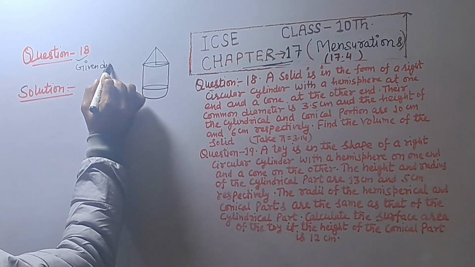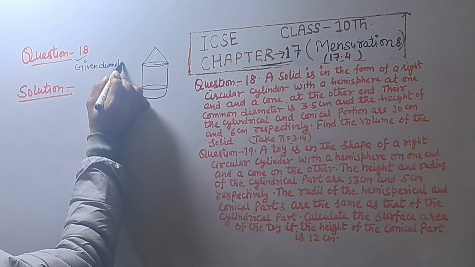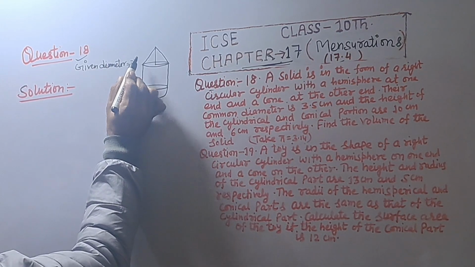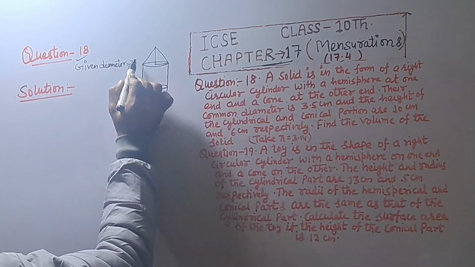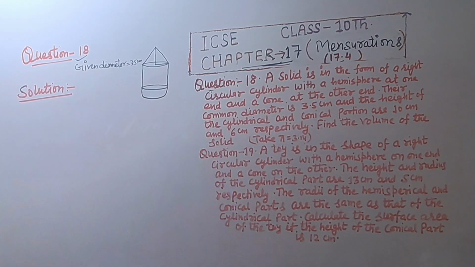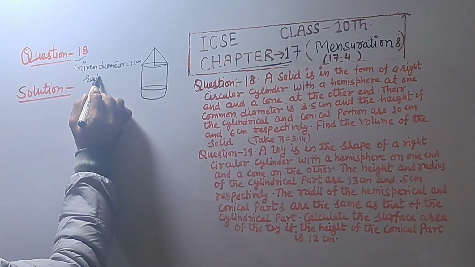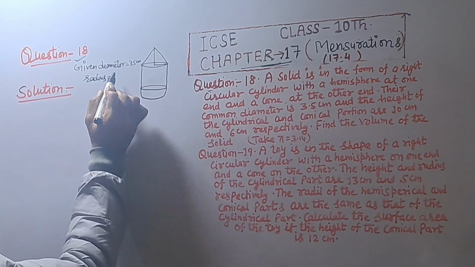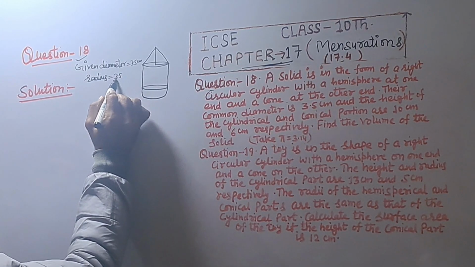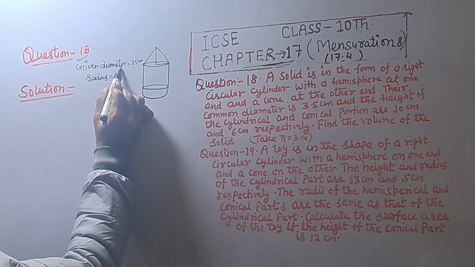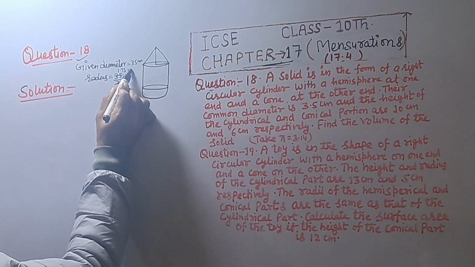Given diameter equal to 3.5 centimeter. So radius equal to 3.5 upon 2, that is equal to 1.75.